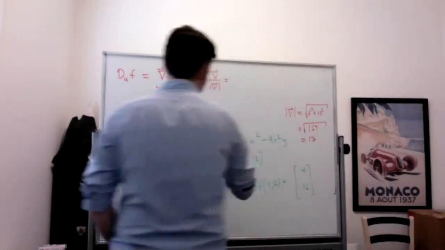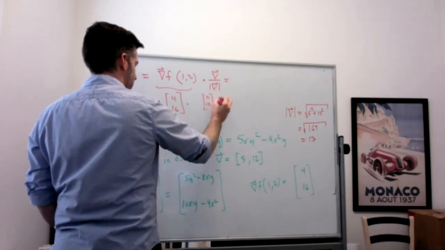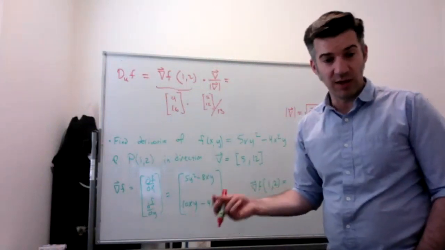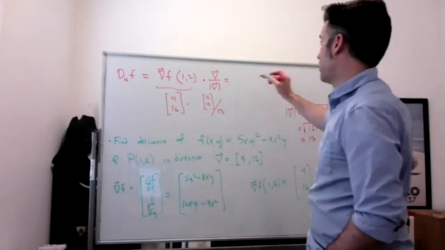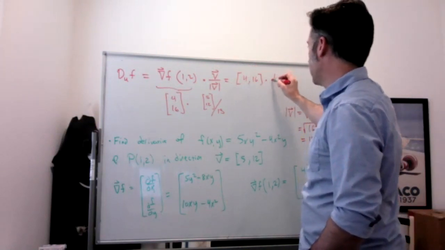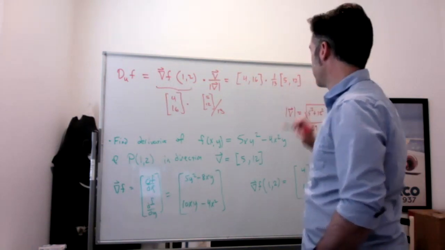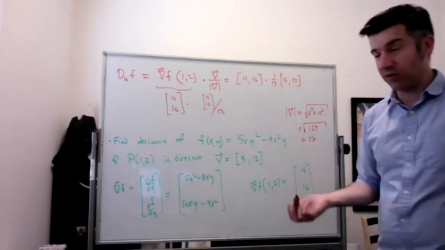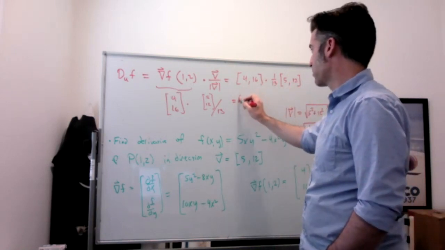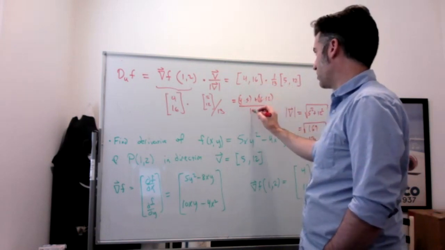So that's going to be the vector (5, 12) divided by 13. It's probably easier to use the row notation instead of the column notation. Let's write it as (4, 16) dotted with 1/13 times the vector (5, 12). Now it's just multiplying some components together. We're going to get 4 times 5 plus 16 times 12, divided by 13.